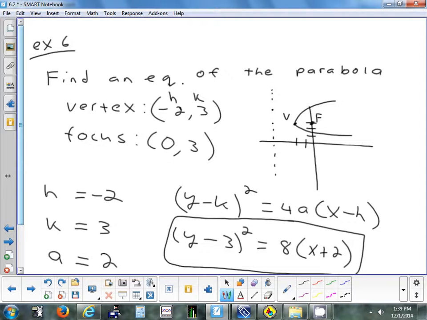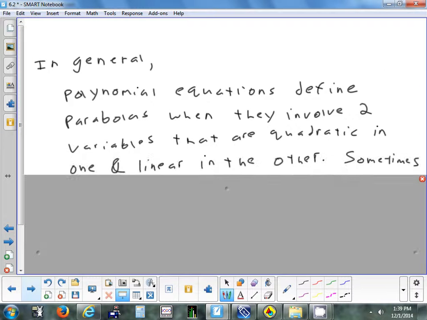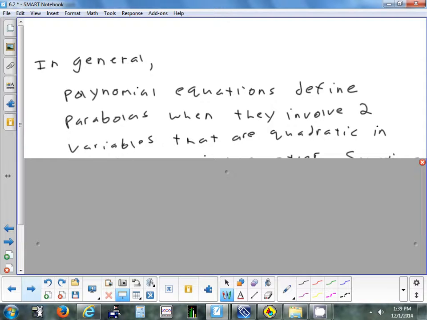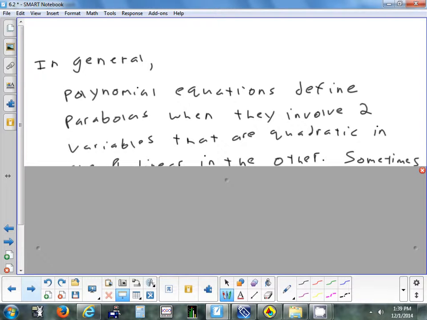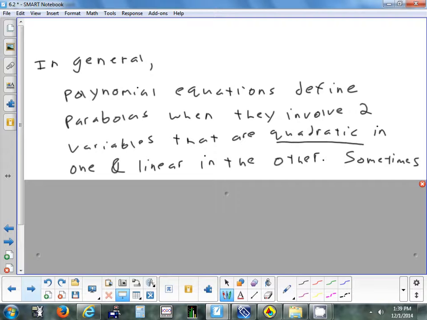Let's try another one in a second, but just to summarize what we've had so far, you might have noticed the pattern that all the equations of parabolas involve 2 variables, x and y. One of the variables is squared, and the other one is linear. That's when you get a parabola shape.